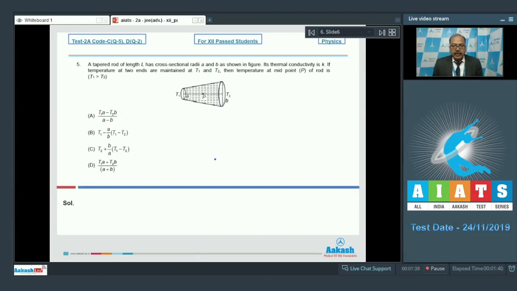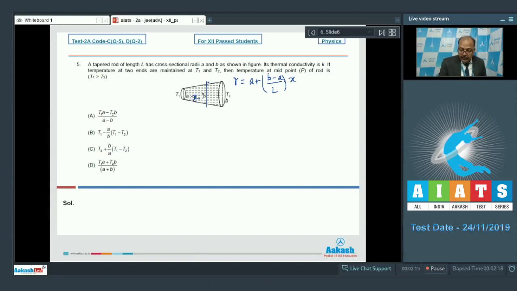So to find the rate of heat flow, just go to x distance from left end. Suppose we are here, this distance is x, and we can see that the radius here r will be a function of x, and the expression for r will be then a plus b minus a by L into x. This is the expression for radius, which is a function of x.